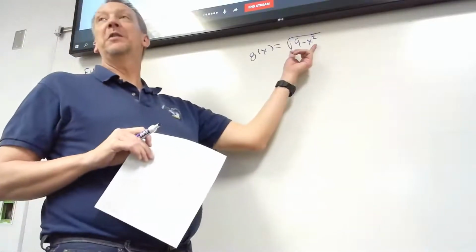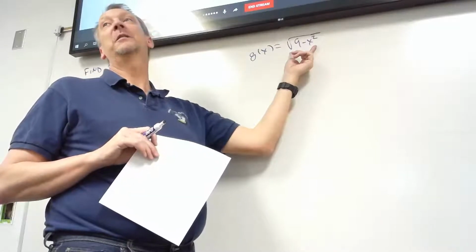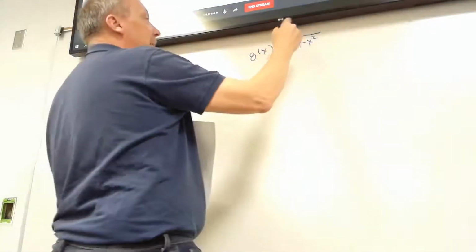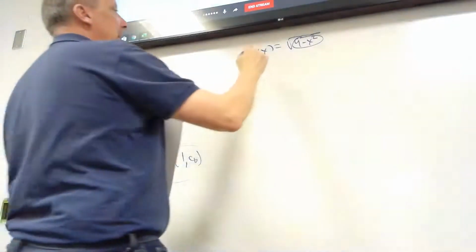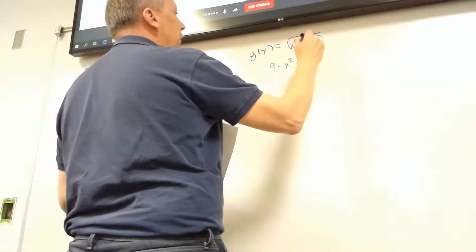So these have to always be positive, or could they be 0? Okay, so I've got a problem if what's under the square root is negative. So 9 minus x squared has to be greater than or equal to 0.